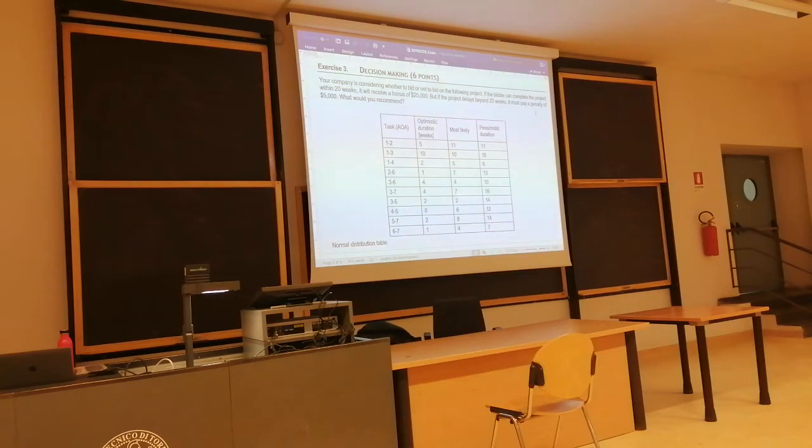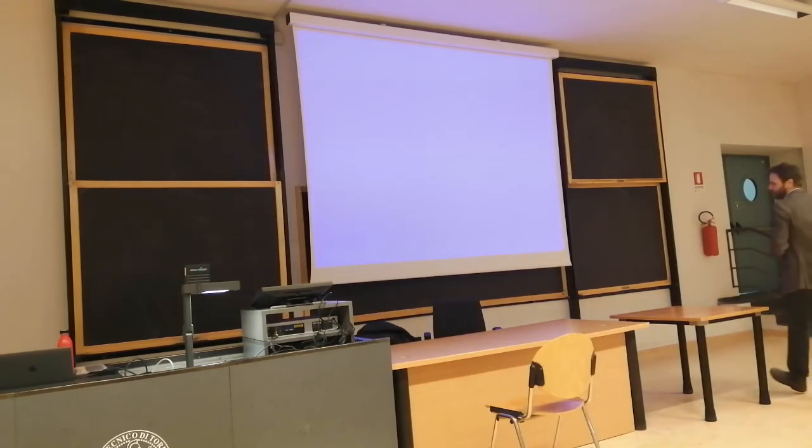And based on that, you will understand how much is the chance to complete the project before week 20, and how much are the chances to finish the project after week 23. And by difference, you get the chances to complete within 20 and 23. And you create a decision tree. And you go with the bid or no bid solution.